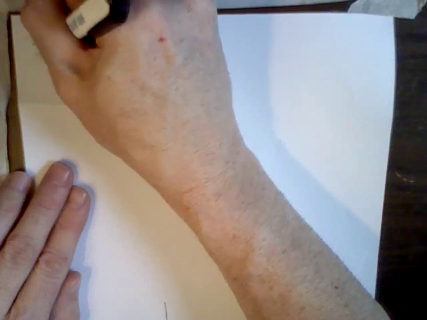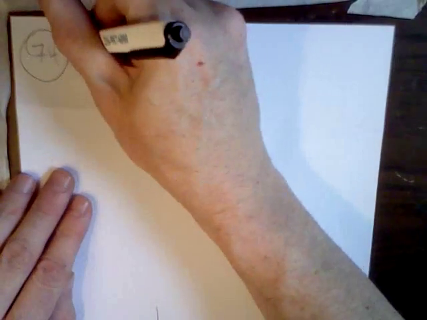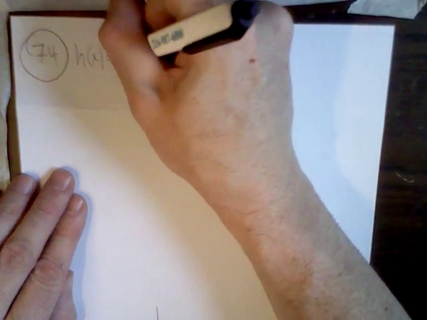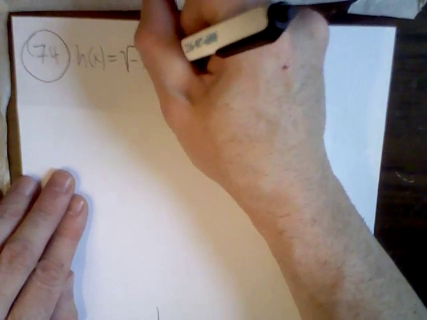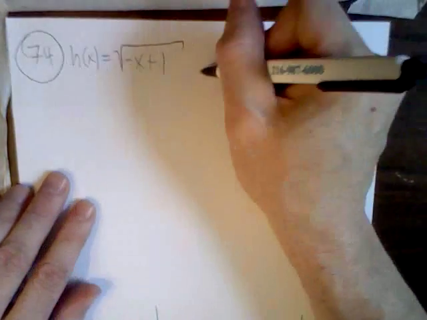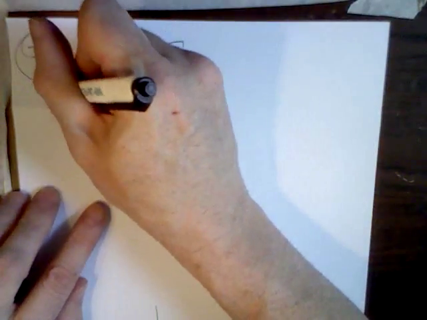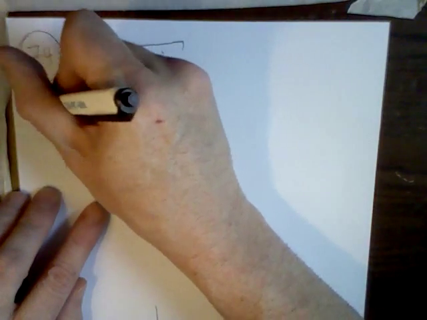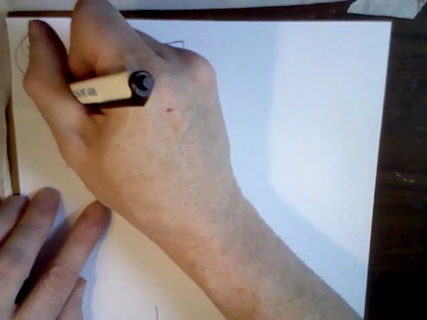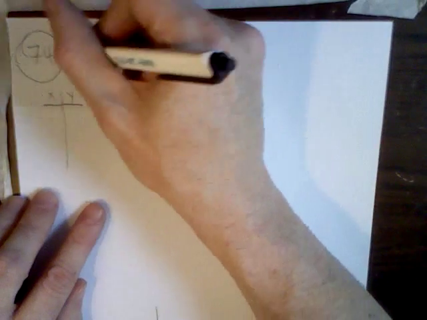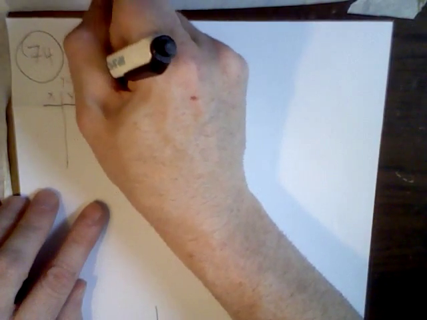Let's look at another, 74, and we have h of x equals square root of negative x plus 1. Our fundamental graph is a square root function, so we'll have y equals square root x.